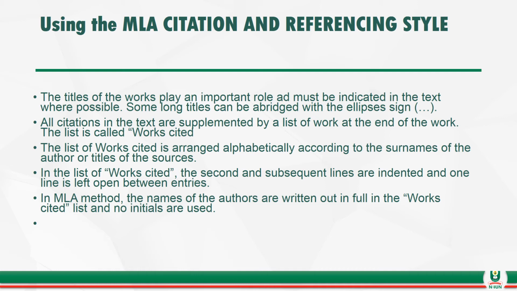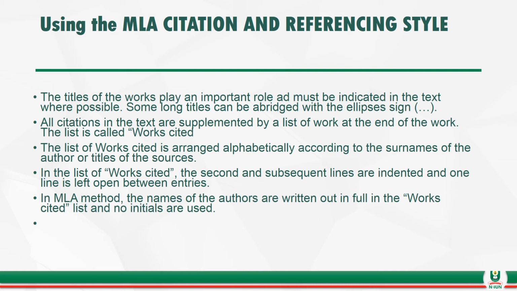Then another characteristic, all citations in the text are supplemented by a list of works at the end of the work. And what we mean by that, the list is called works cited. Then another one is the list of works cited is arranged alphabetically according to the surnames of the authors or titles of the sources.